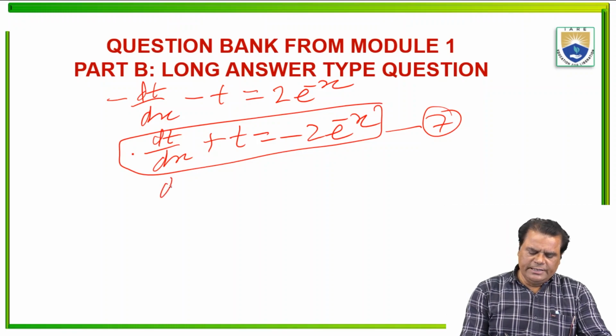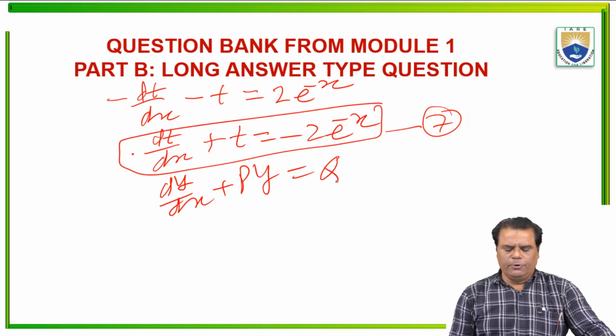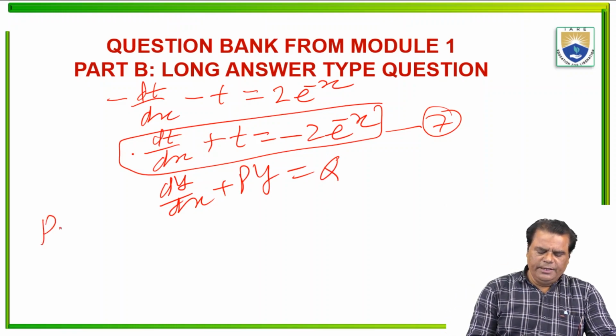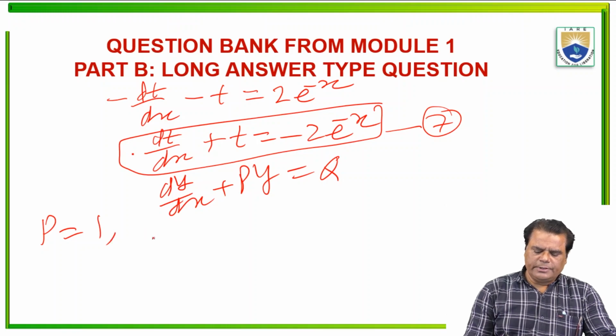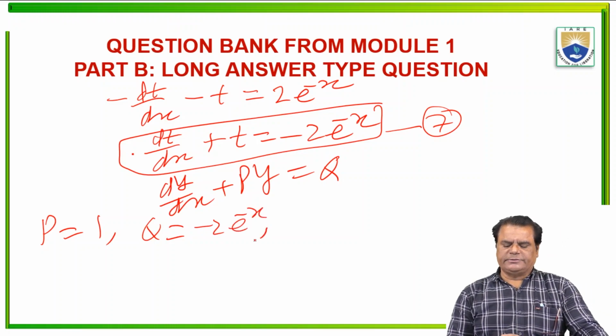So comparing this linear, dy dx plus py is equal to q. Now p is 1 and q is minus 2 e to the power minus x.